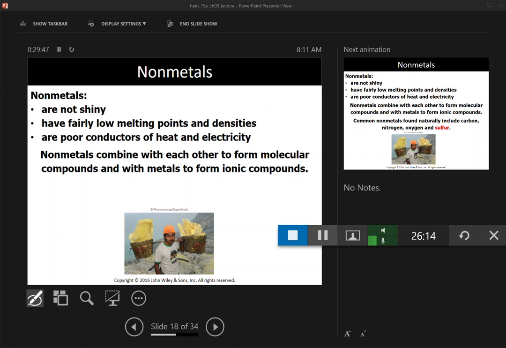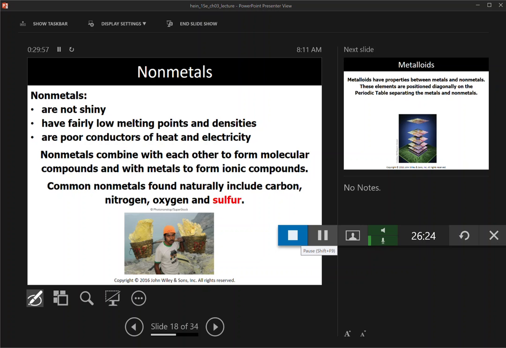So nonmetals have low melting points and densities, and they are poor conductors of heat and electricity. Nonmetals can be found in the form of liquid or gas, and sometimes in the form of a solid. So the forces or interactions in between the molecules of nonmetals are not as strong as metals.